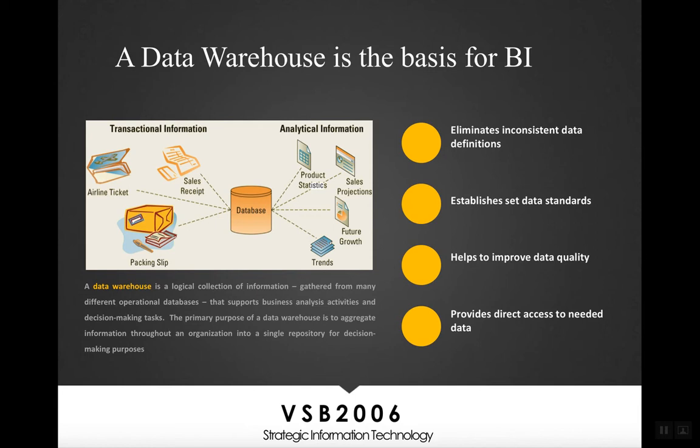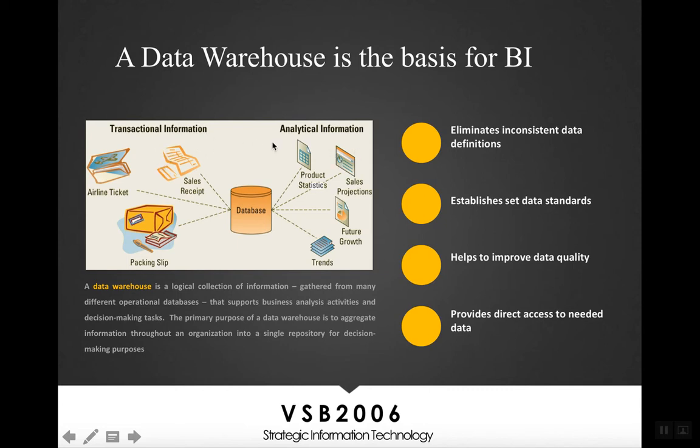So the solution that came out was the data warehouse, which becomes a central repository, a logical collection of information pulled from different sources, and is used as the platform for business intelligence and analysis work. Transactional information is generated through ERP systems.